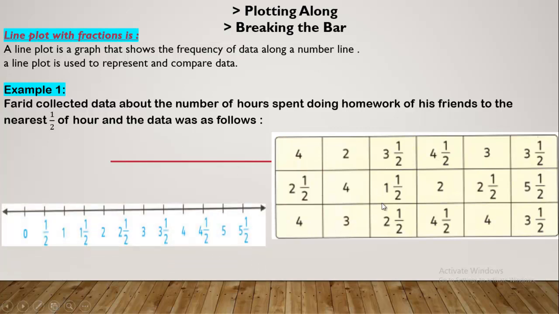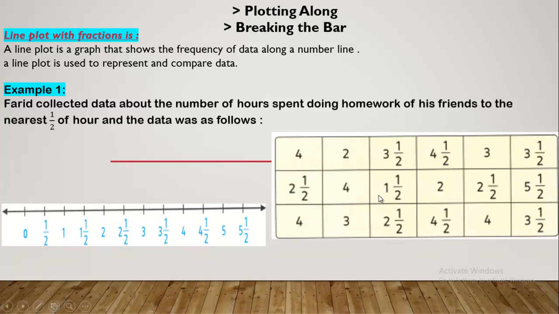If I want to represent this data on the line plot, we can start with 1, then 1.5, 2, 2.5, 3, 3.5, and so on by the same amount, the same distance.